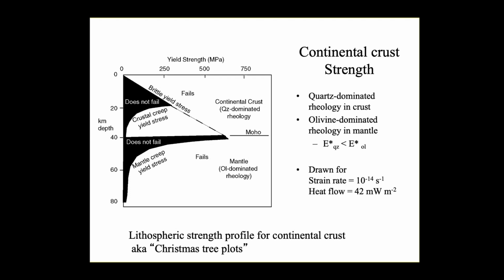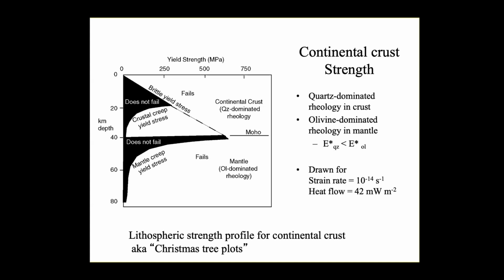But if you understand that the thicker the continental crust is, the weaker it is, it doesn't mean thicker continental crust is stronger. In fact, just the opposite: thicker continental crust is going to have higher temperatures at depth and therefore will be weaker. Then with this diagram, you start to understand a lot of things very well.